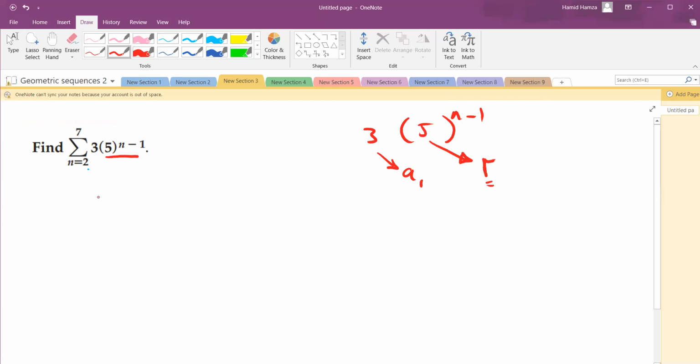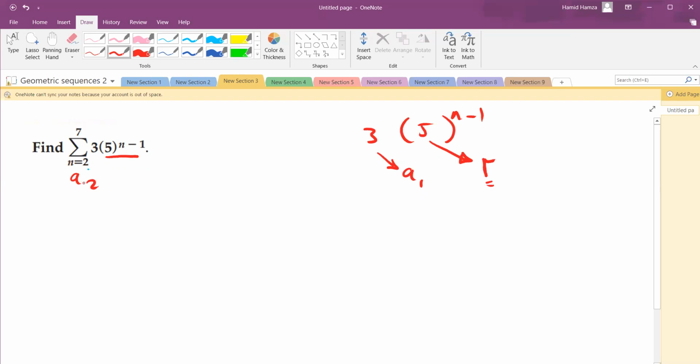Okay, but remember, guys, from when we studied the arithmetic sequence and used the sigma notation, the a1 of the sum is not necessarily the a1 of the sequence. Here we wanted to start adding terms from A2, because he asked you to add from n equals 2 to n equals 7.